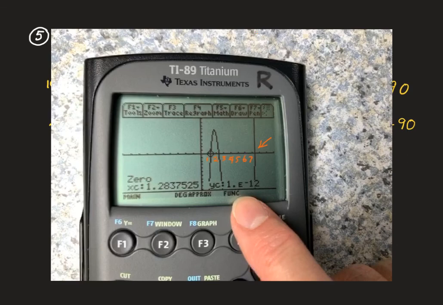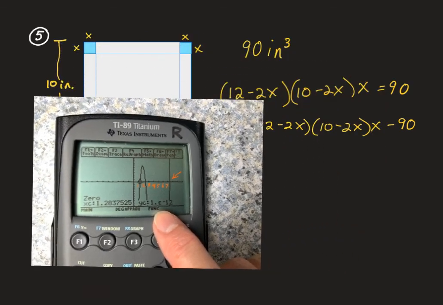Since our first 0 is located at 1.28, I went ahead and numbered the x values to the right. So we'll see our 0 is between 7 and 8 units, which would be 7 or 8 inches in what we're doing. But let's take a look at this.